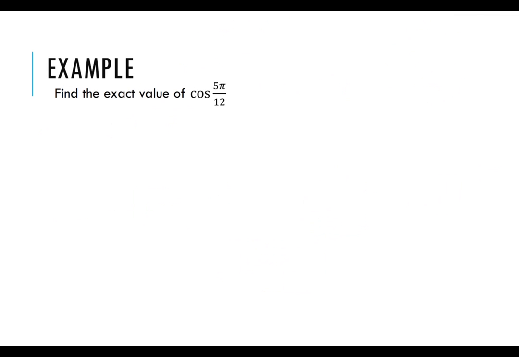So now let's find the exact value of cosine of 5 pi twelfths. Where does 5 pi twelfths live? Well, 5 pi twelfths is just shy of pi halves, and so it lives here in quadrant 1. Since we live in quadrant 1, we know that this value is going to be positive.